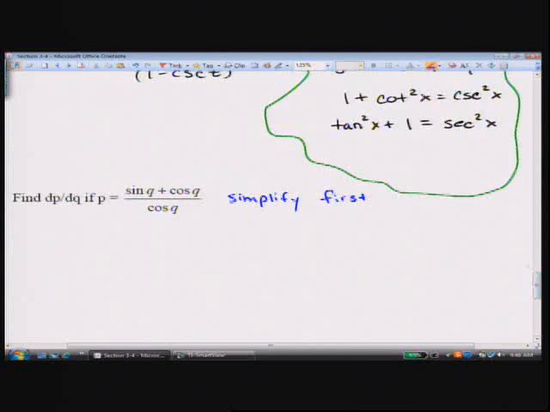Okay, simplify first is my trick on this one. Remember, whenever you're dividing by a monomial, even if it's a funky trig monomial, it's nice to think of it that way first. So I'm going to think of this as sine q over cosine q plus cosine q over cosine q, right?